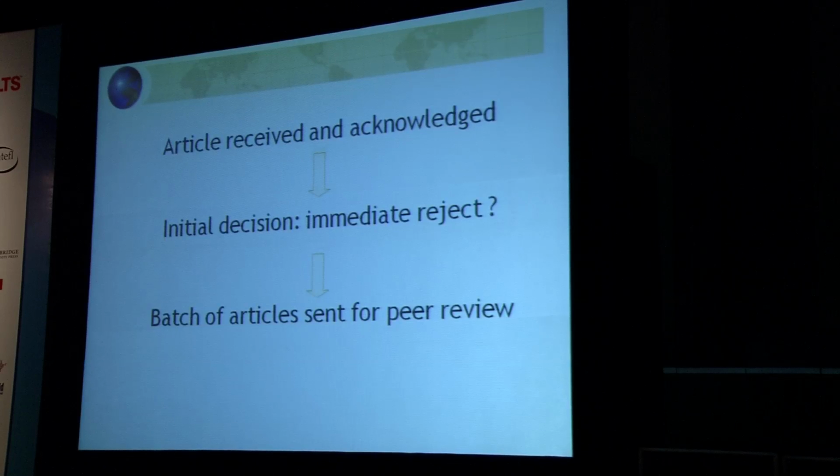You put your paper in, you get an acknowledgement, and then, as editor, I have a look through all the papers that are received, and I have a look to see if some meet the general criteria of the journal, and if so, they're sent off for review.